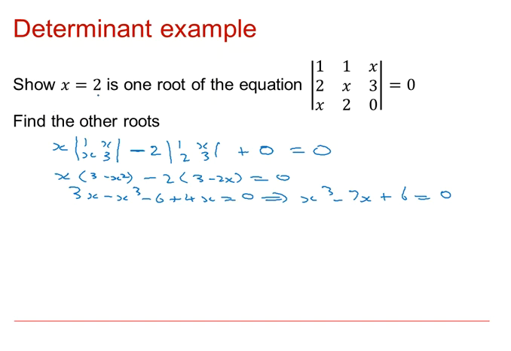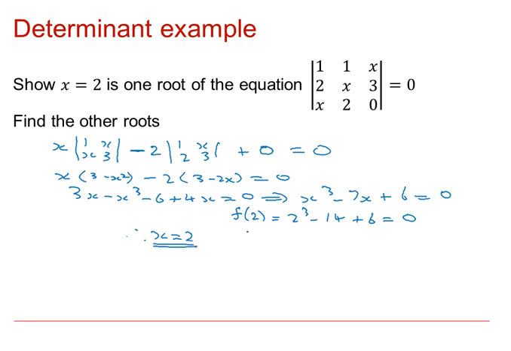So now we're trying to show that x equals 2 is a root of this far more familiar equation. So it would be sensible to think about doing perhaps the factor theorem. f of 2 would be 2 cubed minus 2 sevens plus 6, which is definitely 0. Therefore we conclude that x equals 2 is definitely one of the roots.